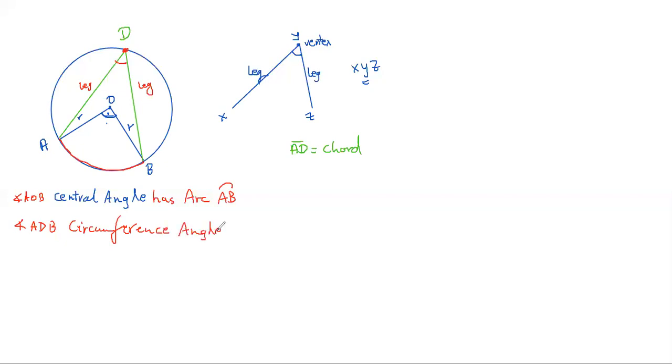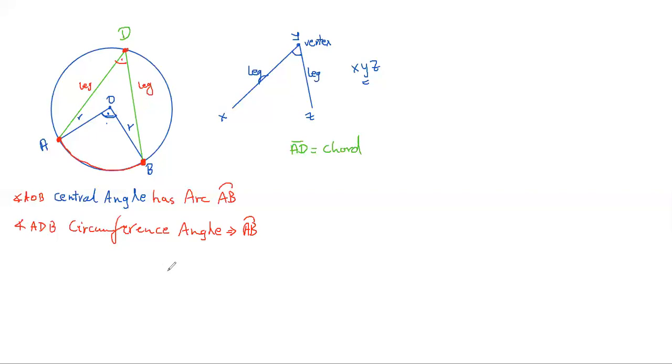That's a circumference angle, and it has the same arc AB. Legs هم اللي بيرسموا الارك. شوفوا the first leg starts from A, the second leg ends with B. So this is the arc which is opposite to the central angle, to the circumference angle, sorry. So any two angles, circumference and central, they have the same arc.